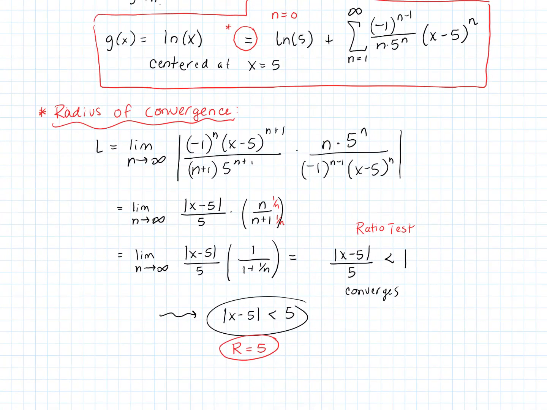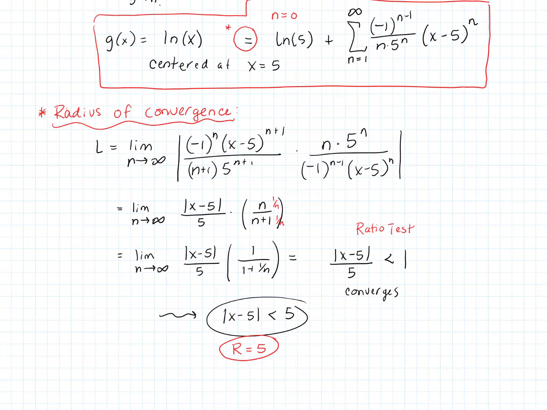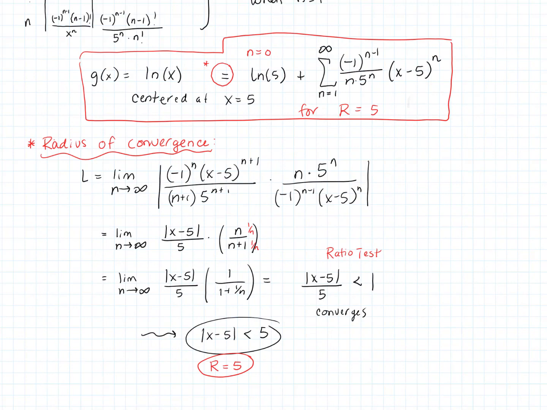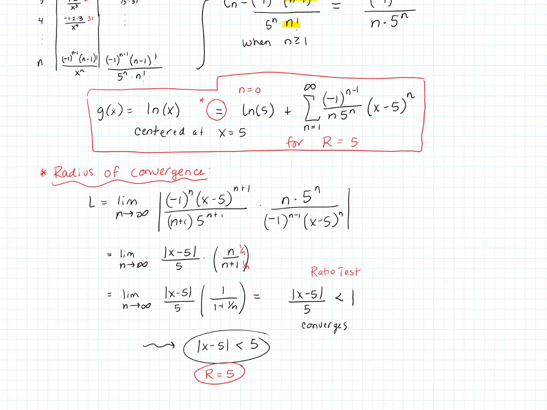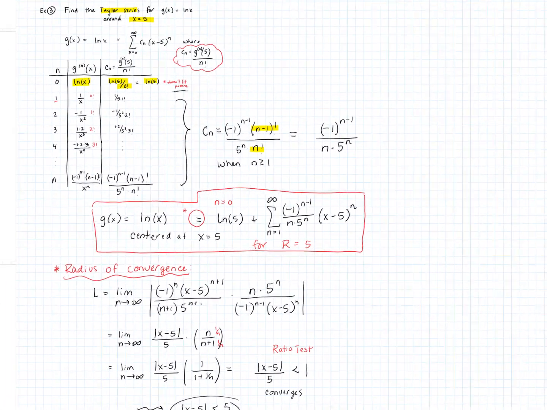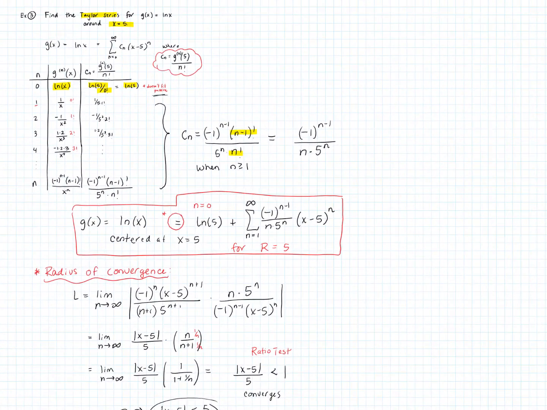So we can write this natural log of x centered at x equals 5 for a radius of convergence of 5, meaning we can go to the left or the right from where we're centered, which is at 5. So we can go between 0 and 10 and have absolute convergence of this function, natural log of x, to this power series. Okay. So there is another set of examples using Maclaurin and Taylor series, using the expansions and developing the series, the power series representations of functions around certain points.